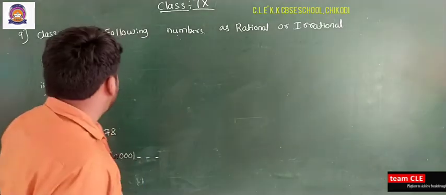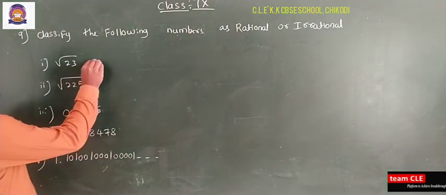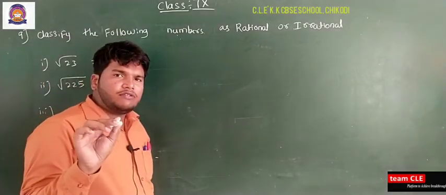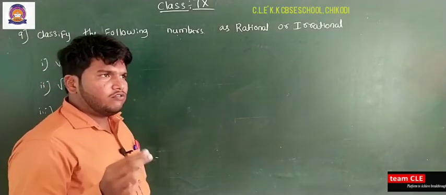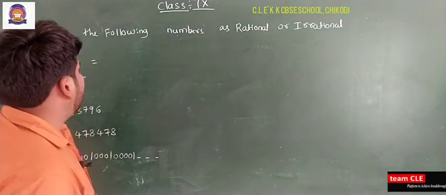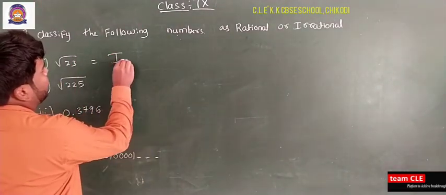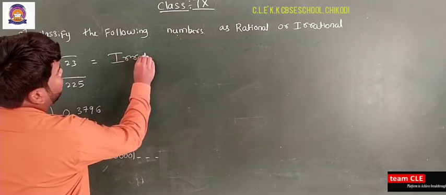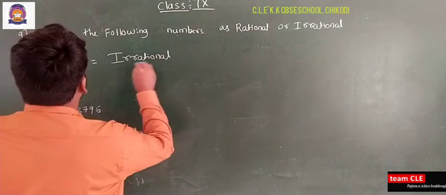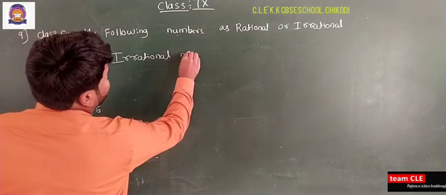Now the cases. First, root 23. Root 2 and root 3 were given as examples of irrational numbers in your previous video. Using the definition, root 23 is an irrational number, as it is not expressed in the form p by q.